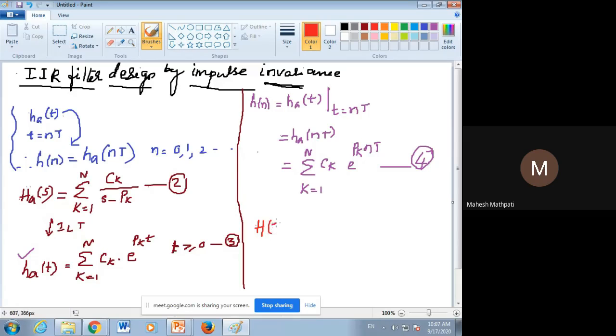H of z equals the summation n equals 0 to infinity, h of n into z power minus n. We just substitute the value of h of n from the above equation. This is the definition of the Z transform.